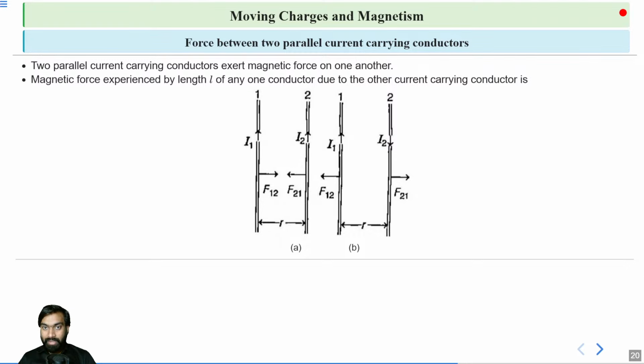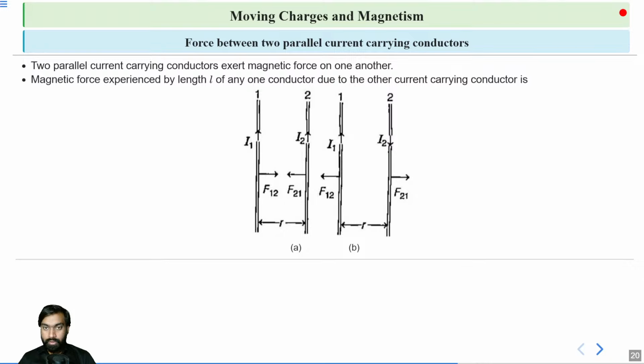Now we will talk about direction of force. The magnetic field produced by conductor second acts on conductor first and vice versa. So the force on conductor first due to conductor second is denoted by F12 and the force on conductor second due to conductor first is F21. According to Newton's third law, these forces are equal in magnitude but opposite in direction.